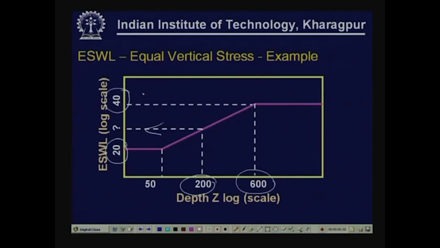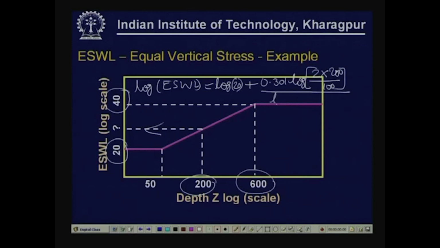So log of equivalent single wheel load will be equal to log 20 using the expression that we have given in the previous slide, plus 0.301 log 2 into 200, 200 is the depth, by log 4 into 300 by 200.